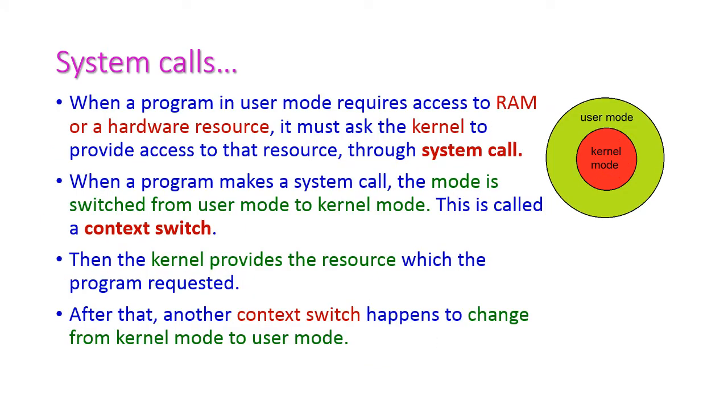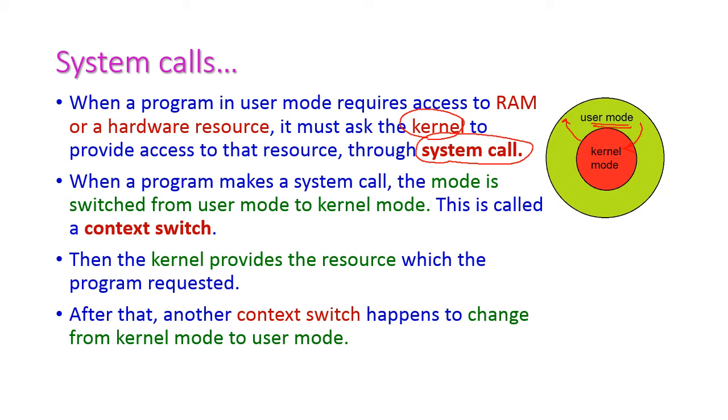Here let us assume a program running in user mode requests resources or some hardware, then it must ask the kernel, because only the kernel can provide the resources to the user. For that it will use the system call. Through the system call only we can access the resources available in the kernel.